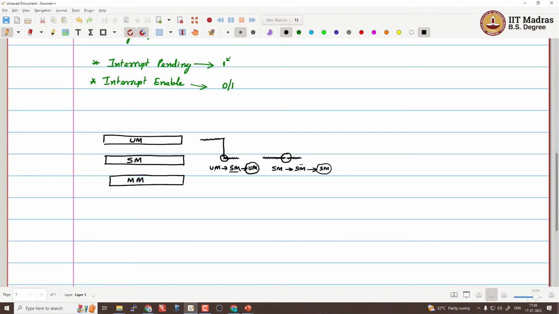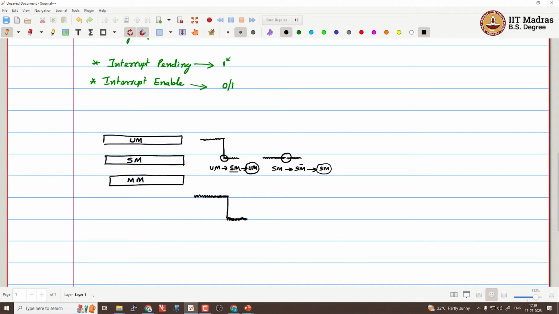Let us see an example of each case. Say we have a user process executing, and at some point there is a keyboard interrupt because the user pressed a key on the keyboard. This would switch to the supervisor mode.